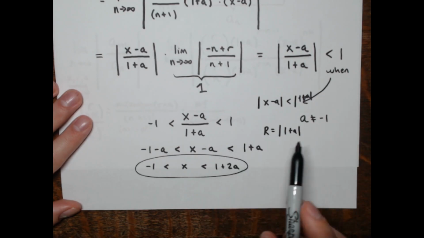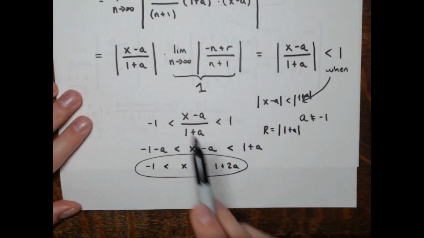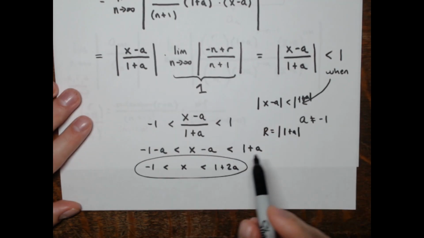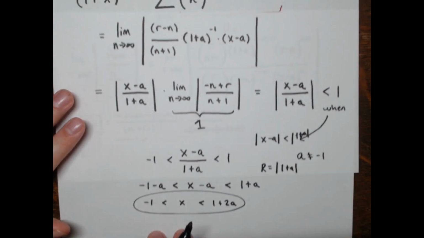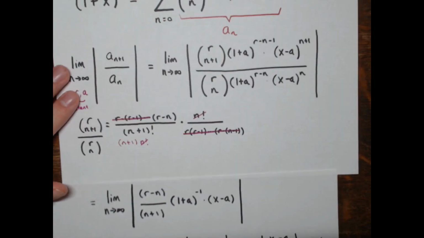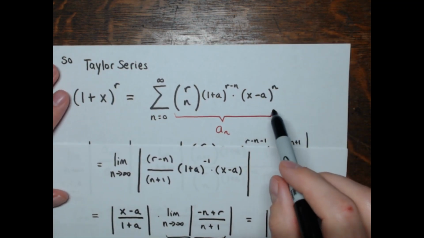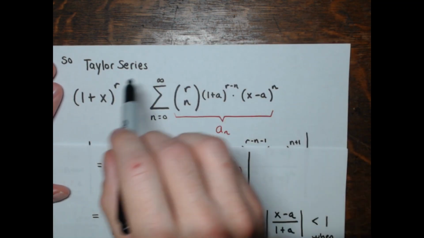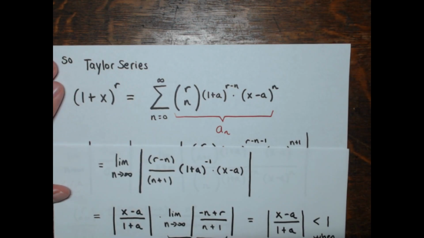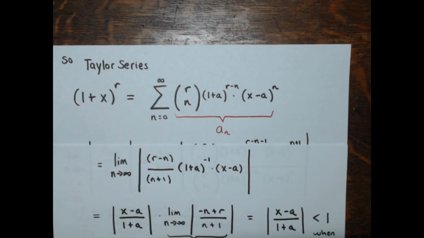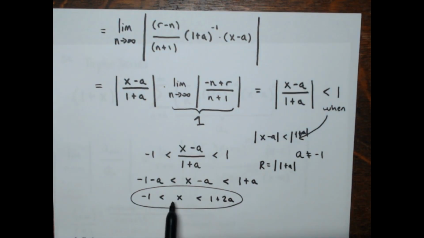Okay, I know it's a lot of letters and stuff, but we should be able to determine the interval of convergence and radius of convergence using our ratio test. All right. So this is our Taylor series for a binomial to a power. And then the Maclaurin series with this interval of convergence, right? Its radius of convergence.